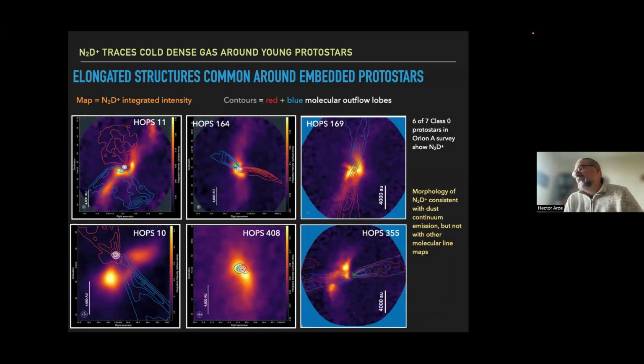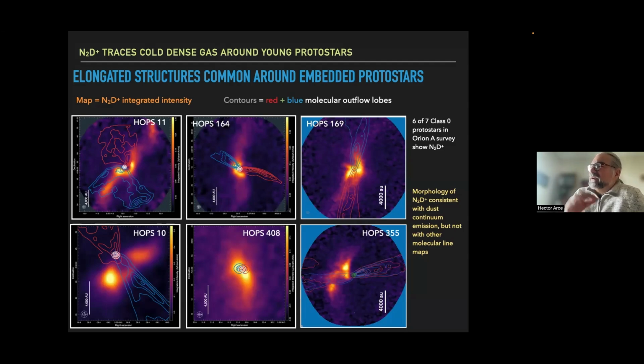When we were observing with ALMA, we had an ALMA project to study 21 sources at different evolutionary stages.